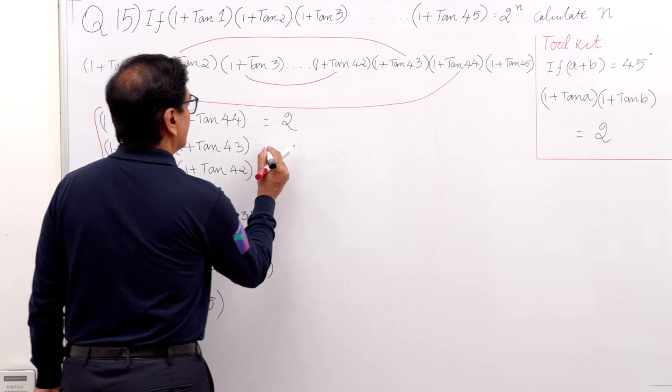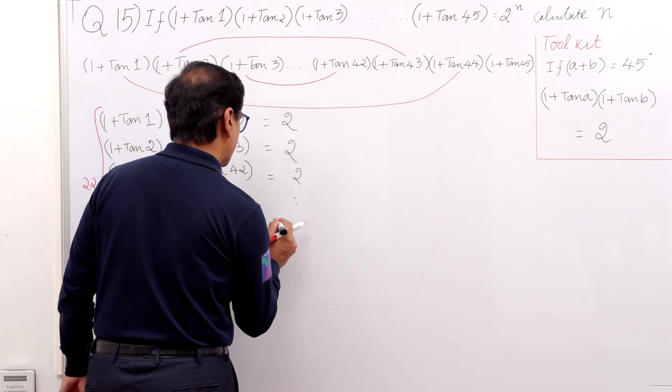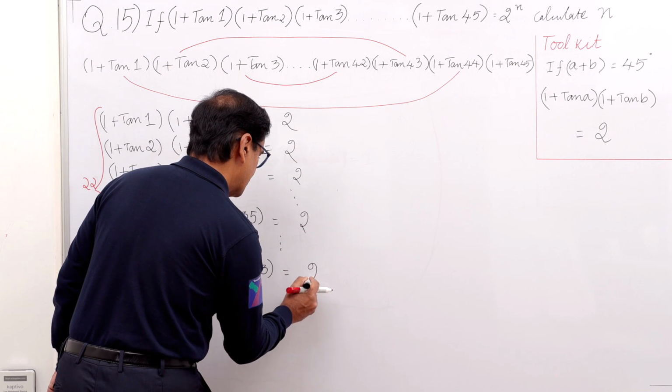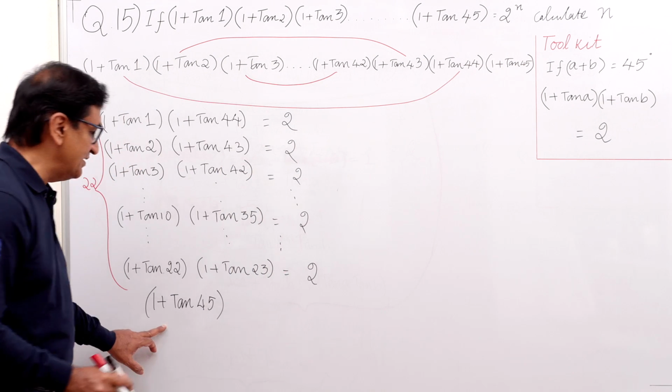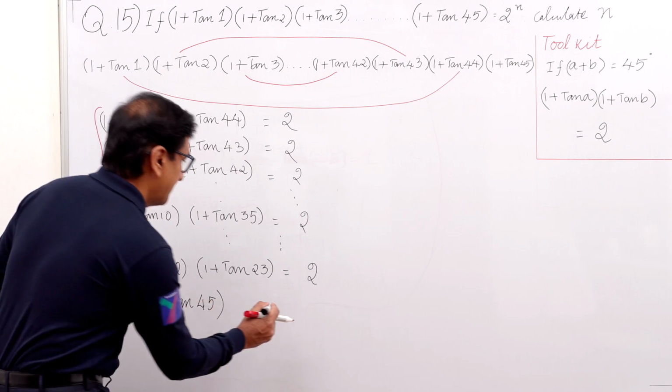So this will be 2. This will be 2. This will be 2. And so on. Then 1 + tan 45: tan 45 is 1, so 1 plus 1 is 2.